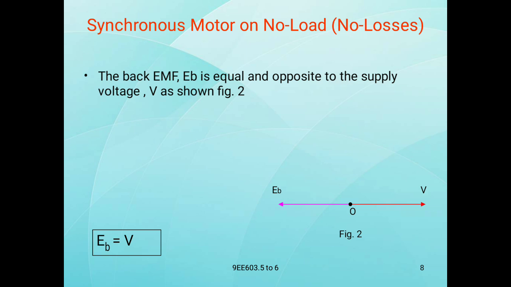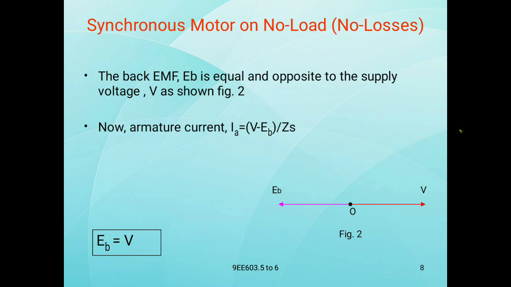Now the back EMF Eb is equal and opposite to the supply voltage V, as shown in the figure. The supply voltage V is in the positive X direction and Eb is in the negative X direction. If Eb is equal to V, there is no armature current. Why? Here V is equal to Eb, both are the same.